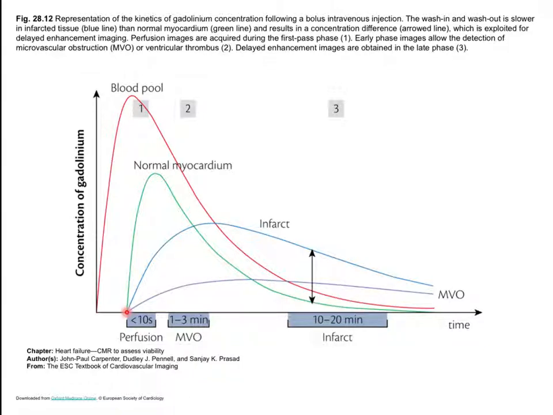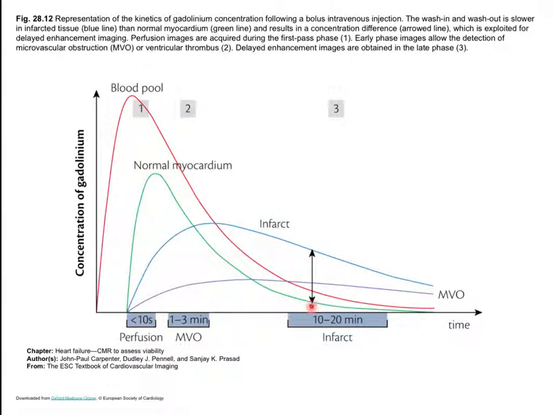Normal myocardium may have a response that looks something like this, in which the contrast agent concentration goes up and then gets washed out in a normal fashion. And it turns out, and I think we're going to see more of this today in more detail, that in abnormal tissue or in infarcts, this contrast agent has difficulty getting washed out, and so it remains in the infarcted tissue.